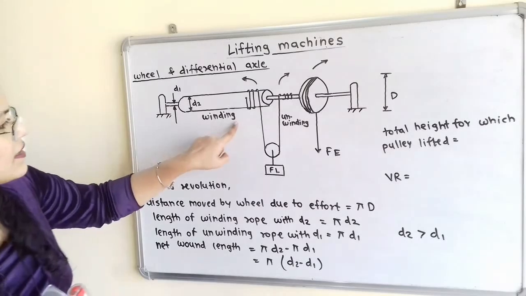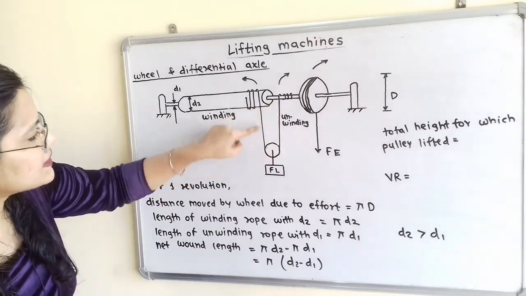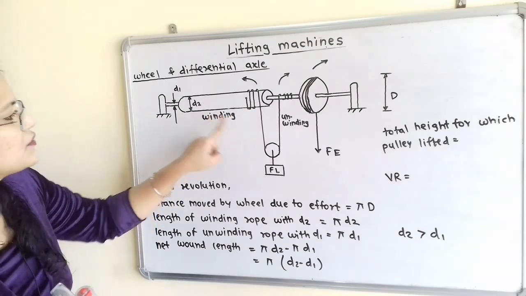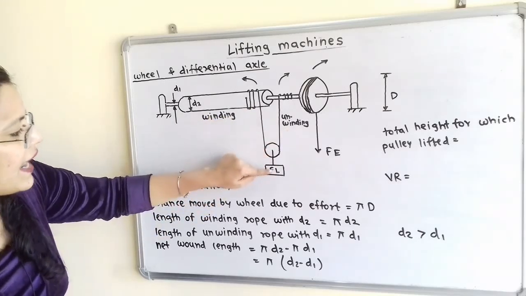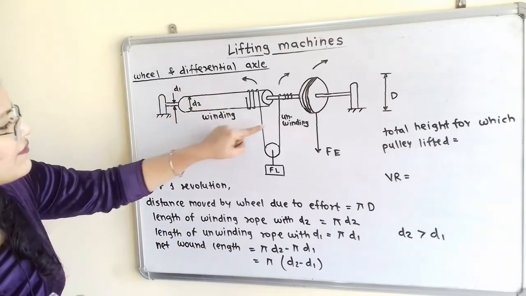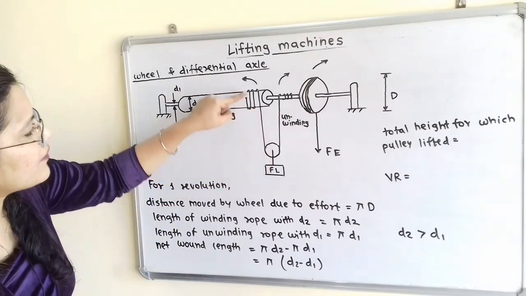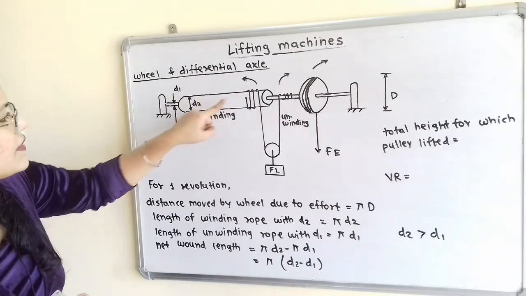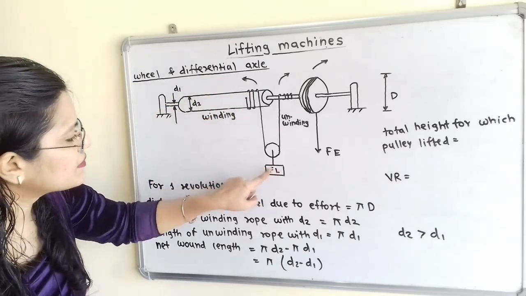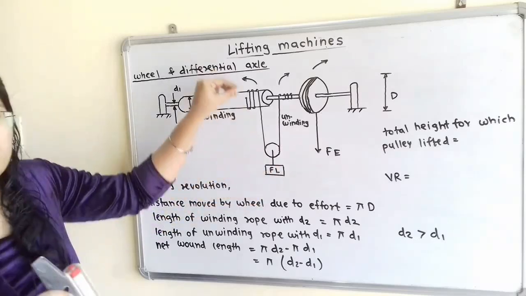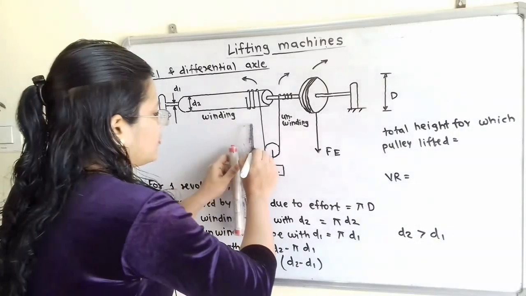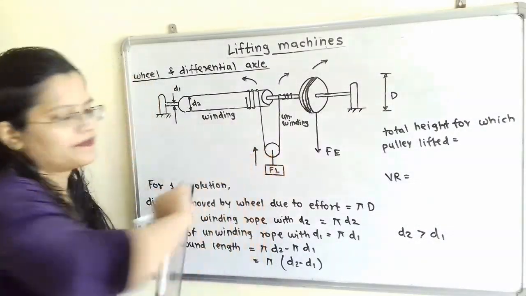Now we know that this pulley is connected in between these two ropes, that is in between this winding and unwinding, and the load is also connected. So when there is net wound effect, at the same time when the rope is getting wound with diameter d2, the load will be lifted, or we can say the pulley will be lifted. So I will show here the lifting of the pulley.